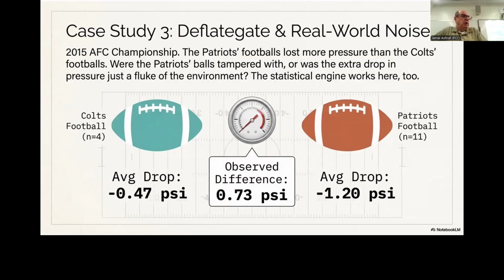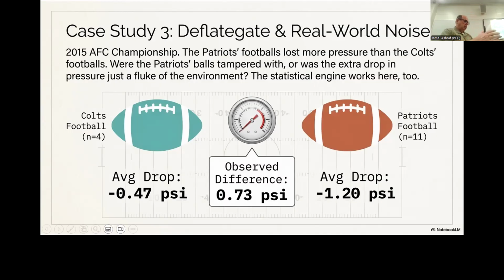First of all, and second of all, how random is that? Did that happen by chance? Like, it could happen without a chance. Okay, so the average drop for the Colts was 0.47 psi. The average for the Patriots was 1.2.